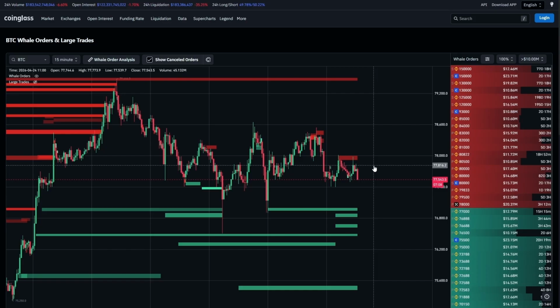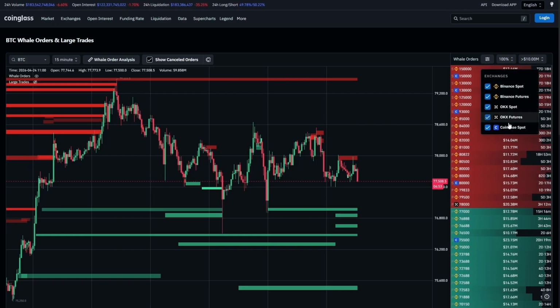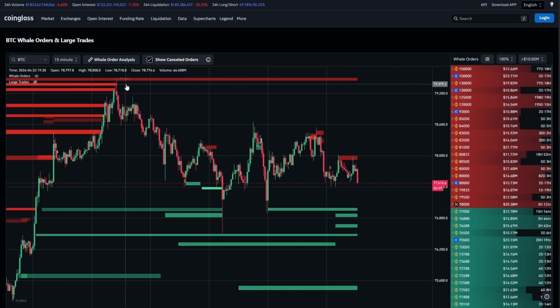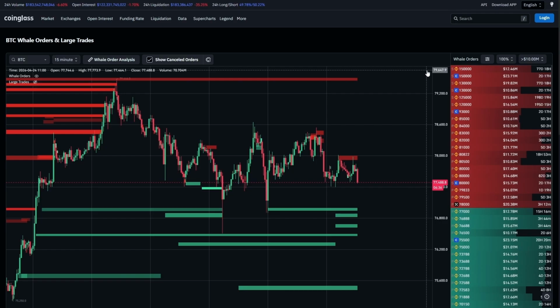So the most important indicators here are on Coinglass on whale orders and large trades, so just Google this. You have your different time frames, you have your different coins, you can adapt your values here. You have Binance, OKX and Coinbase on the spot there. So you have some of the most important big exchanges there. You do have your analysis tools, so just know this is an option if you don't want to buy the CoinAnk one.